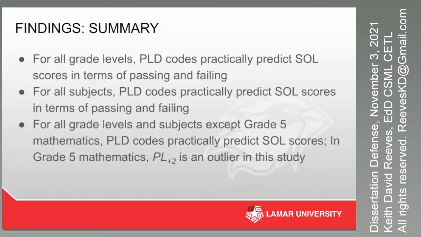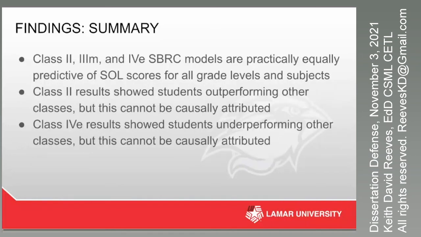For students in Virginia in grades 3, 4, and 5, PLD codes are practically effective predictors of SOL scores in each subject, with the minor exception of the PL+2 PLD for grade 5 math. For the classes studied, all three are practically equally predictive of SOL scores for all grade levels and subjects.